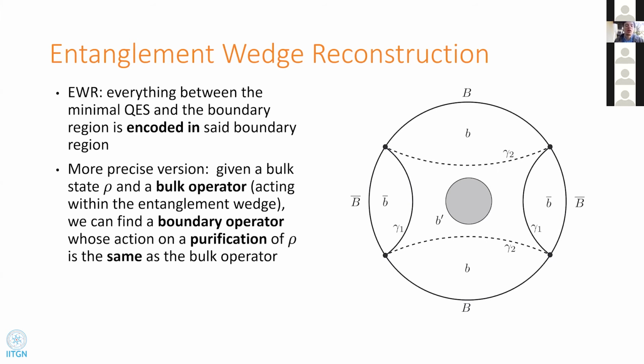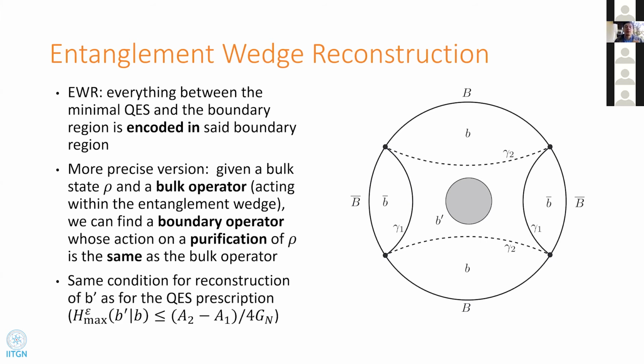Given a bulk state rho and a bulk operator acting somewhere in the bulk, as long as the bulk operator acts within the entanglement wedge, then we can find a boundary operator on B that does the same thing to a purification of the bulk state rho as the bulk operator. The bulk operator and the boundary operator do the same thing when acting on a purification of rho. If I make rho be the maximally mixed state in some code subspace, then this is the usual definition of entanglement wedge reconstruction, that it needs to do the right thing for states in the subspace.